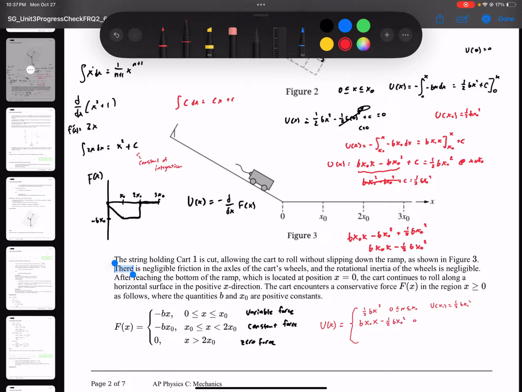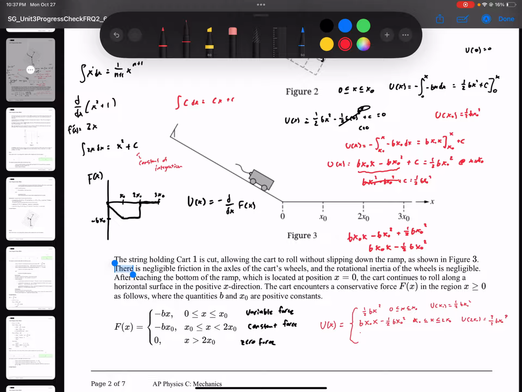And this is from the region of x naught to 2x naught. Okay. And if I want to evaluate how much energy I have at 2x naught, I can plug in a 2x naught here, and then I have 2 times bx naught squared minus 1/2 bx naught squared, and I have 3/2 bx naught squared.